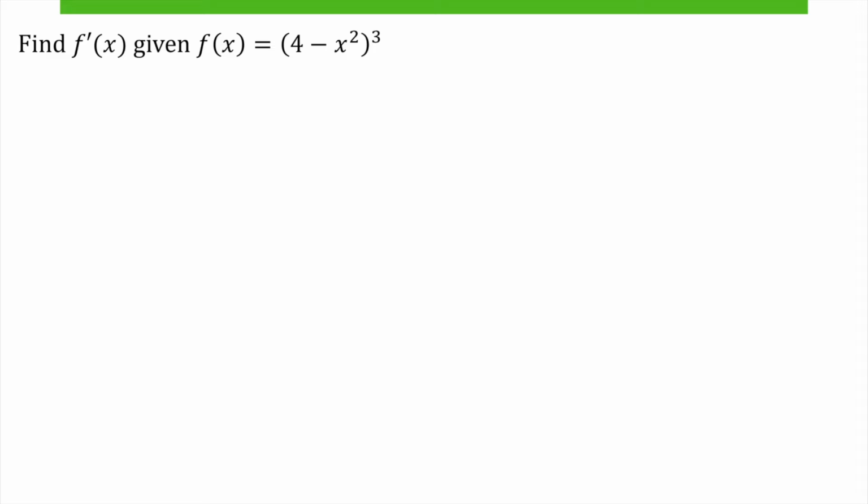Before we dive into some of those times when you have to use the chain rule, though, let's practice one more of these. So do we have an inside function and an outside function? The inside function is 4 minus x squared, and the outside function is something cubed.